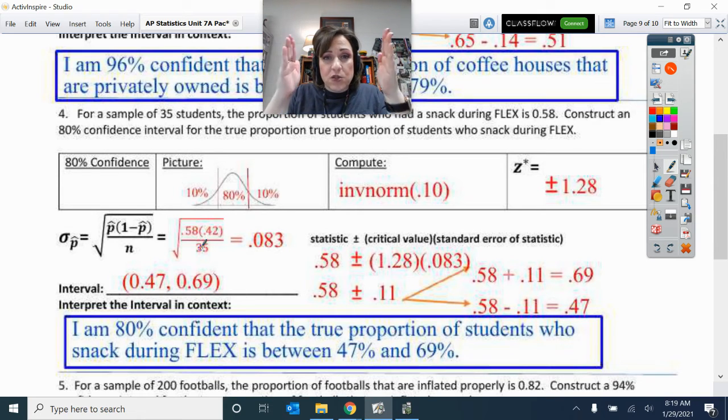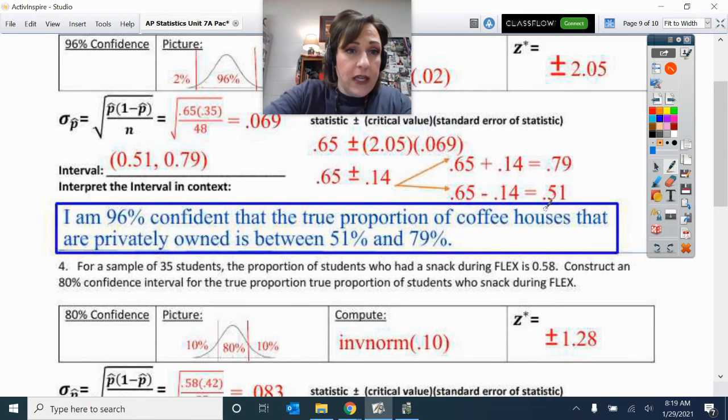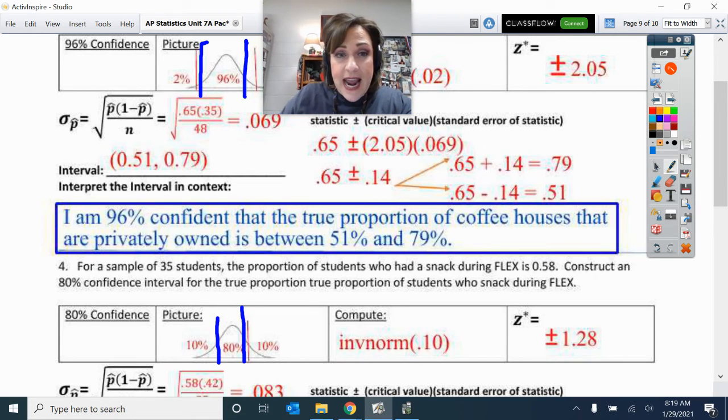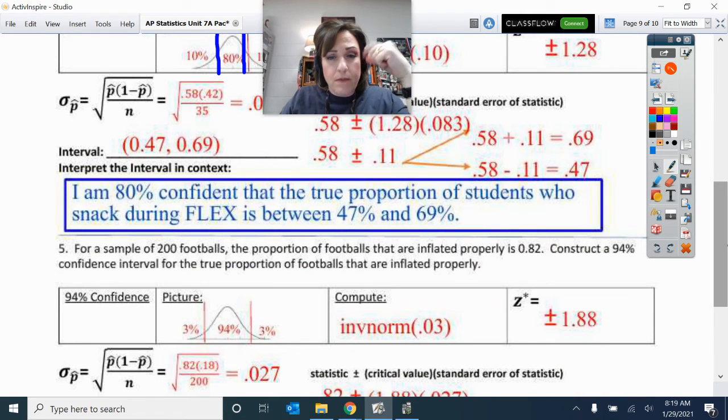Higher confidence level is widening out. That's why I'm having you draw these pictures. Can you see the difference between 96% confident, how wide that is, versus 80% confident and how wide that is? Bigger confidence, you have to have a bigger target, a bigger net to capture that amount.